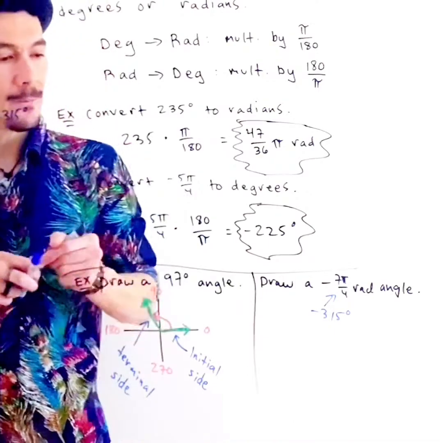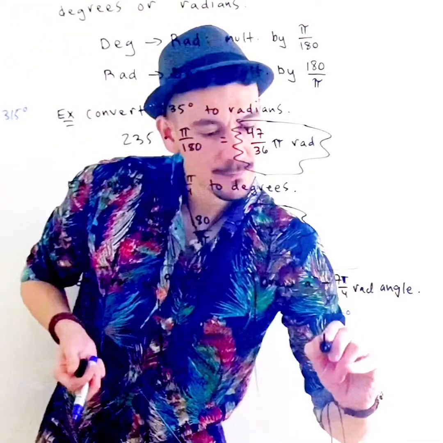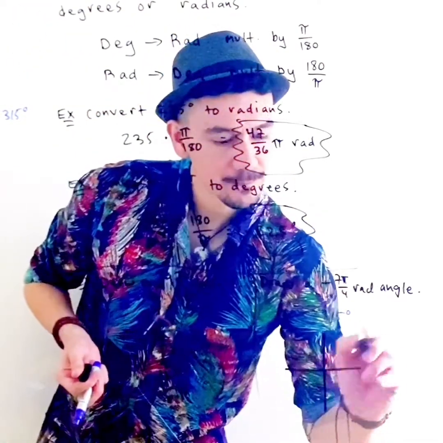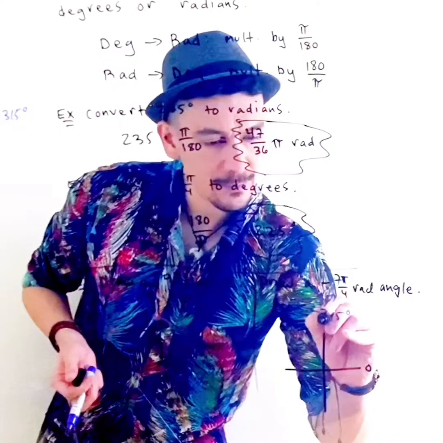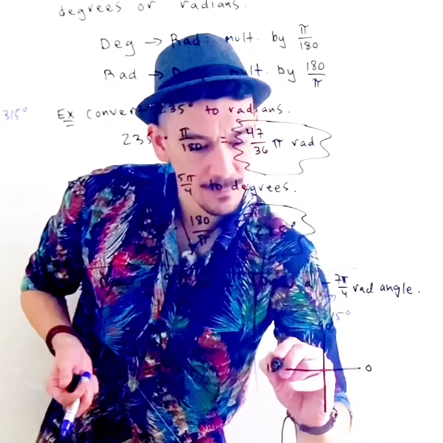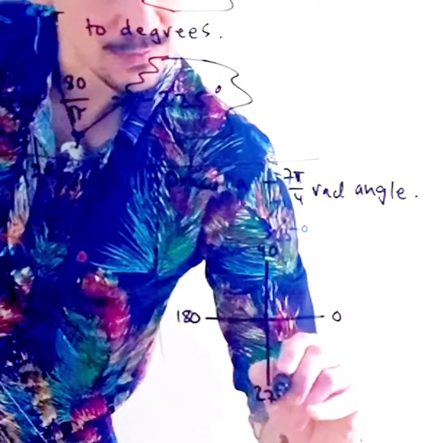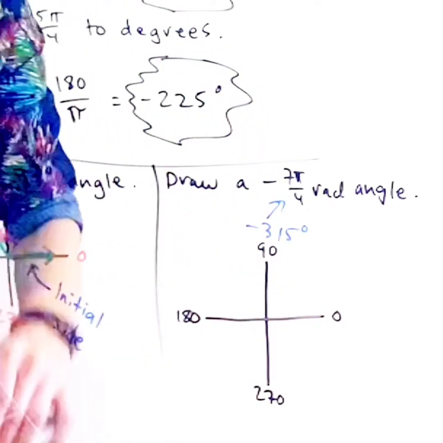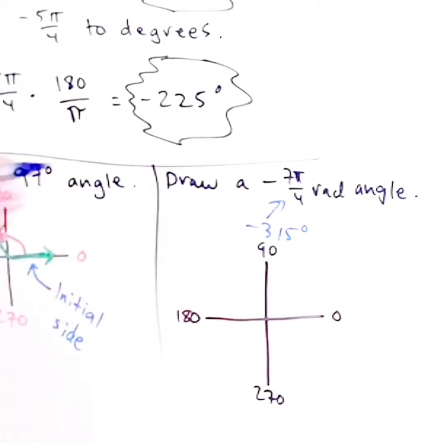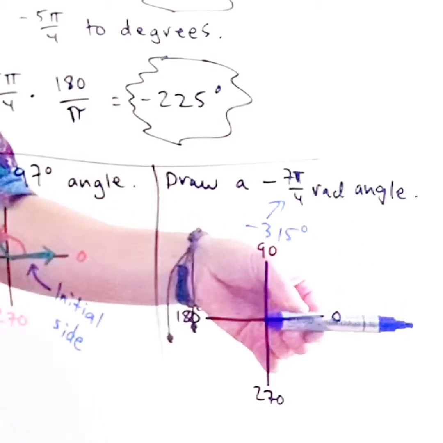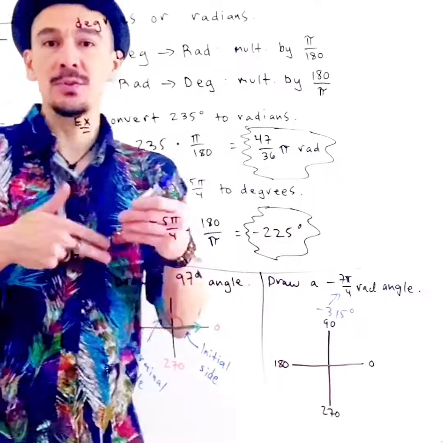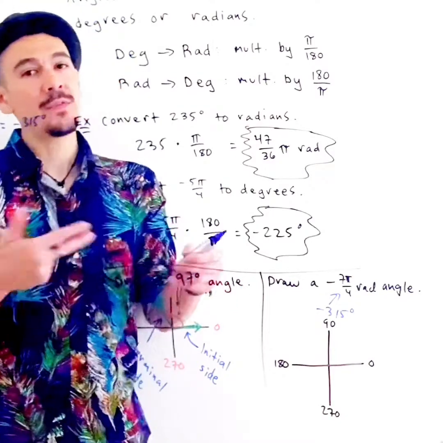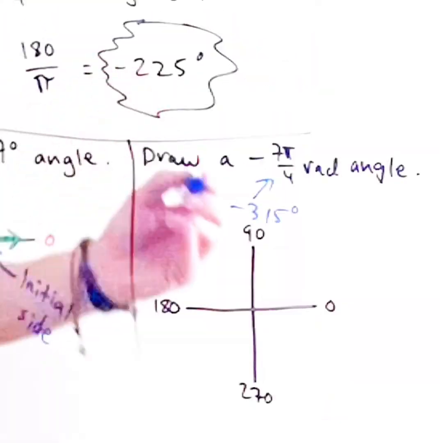So draw your X and Y axis. That's 0, that's 90, that's 180, and that's 270. I know that the angle is negative, which means that I have to move in this direction. But how much do I have to move? I have to move 315. So watch how this works.